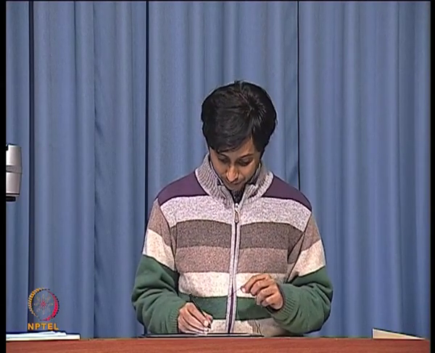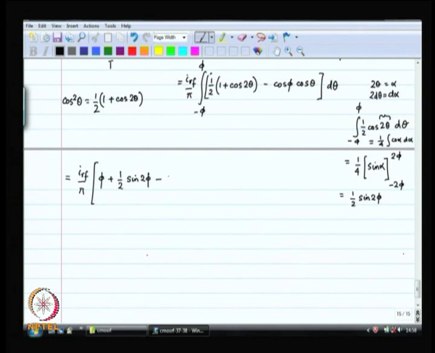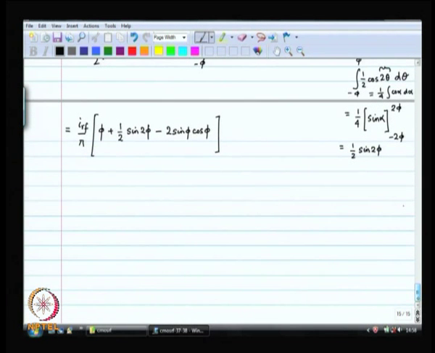Apply the limits phi to minus phi, you are going to get minus 2 sin phi cos phi. Right. So, this is the complete integral, and what do you see over here? Half of sin 2 phi is equal to sin phi times cos phi.